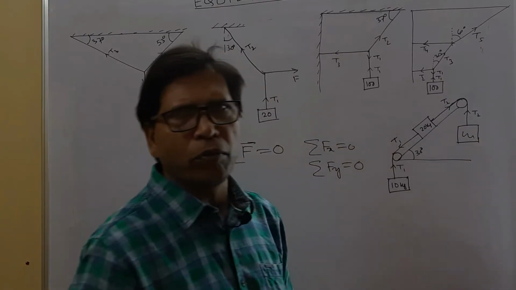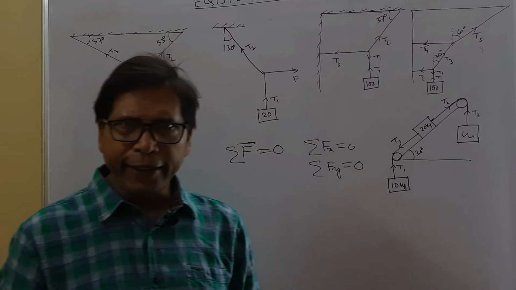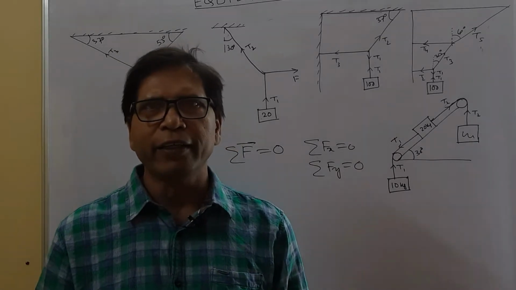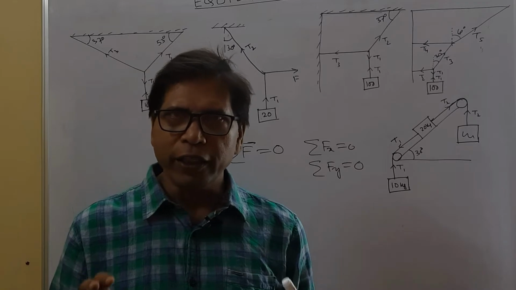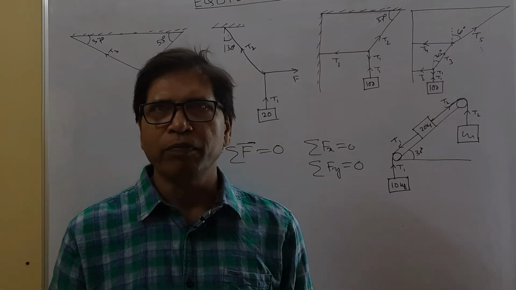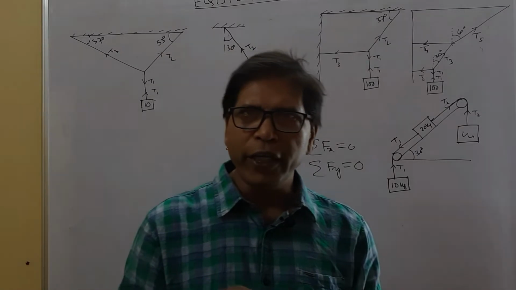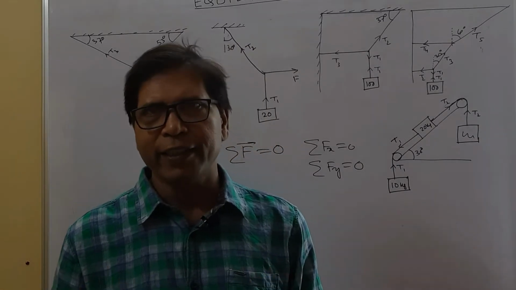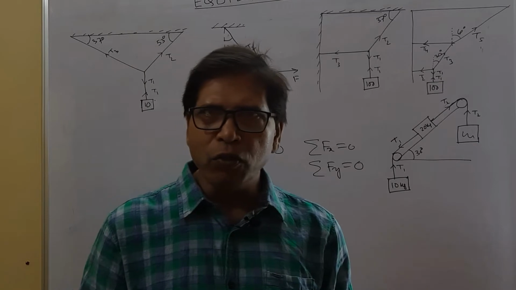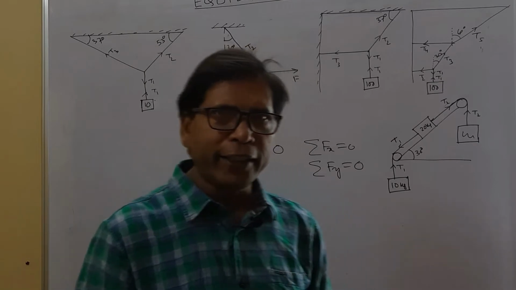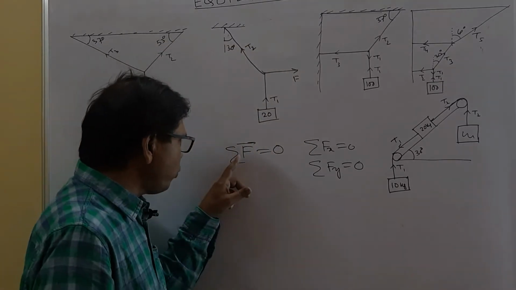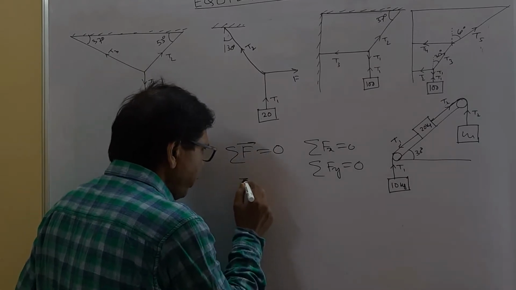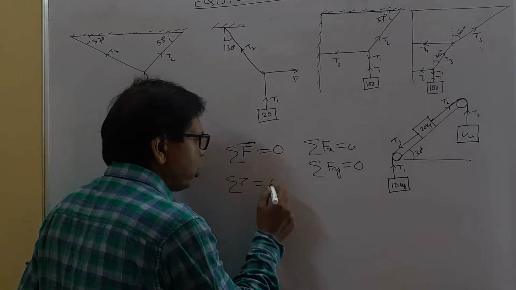Now first of all, equilibrium. If a body is at rest or in uniform motion in a straight line, then the body is said to be in equilibrium. That means the body has no linear and angular acceleration. If the body has no linear or angular acceleration, then the net force acting on it is 0 and the net torque tau acting on it is 0.